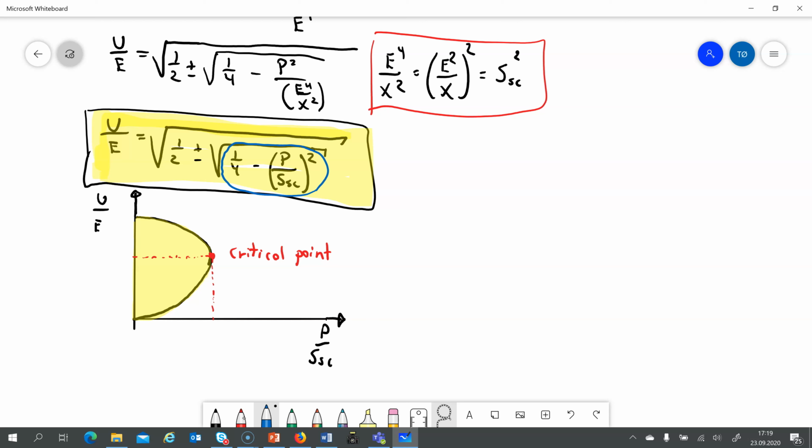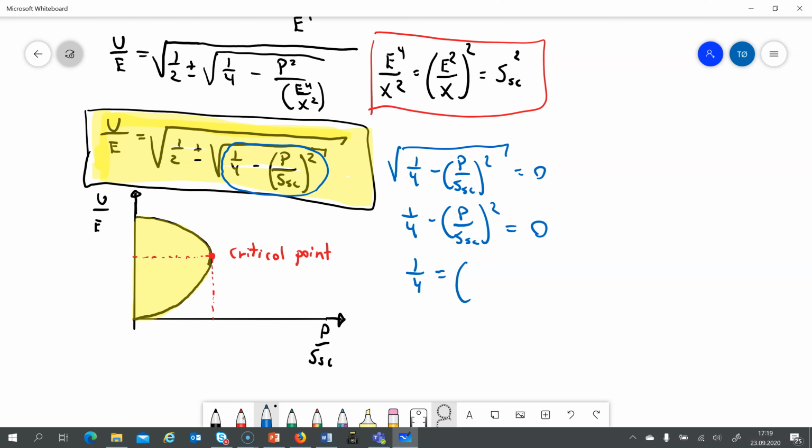If you do that, the square root of 1/4 minus P equals 0 means that P should be half, 0.5, and it is the one critical point.